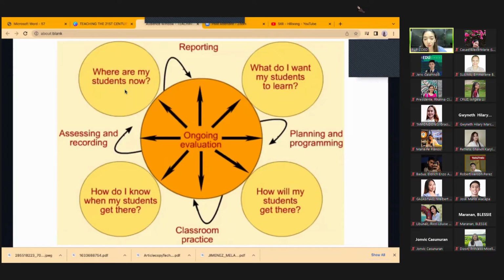Reporting, planning, and programming, saka pa lang yung classroom practice. So, you just analyze yung relationship ng bawat isa. Use EdTech for you, for you to be guided, for you to be assisted in this kind of framework.